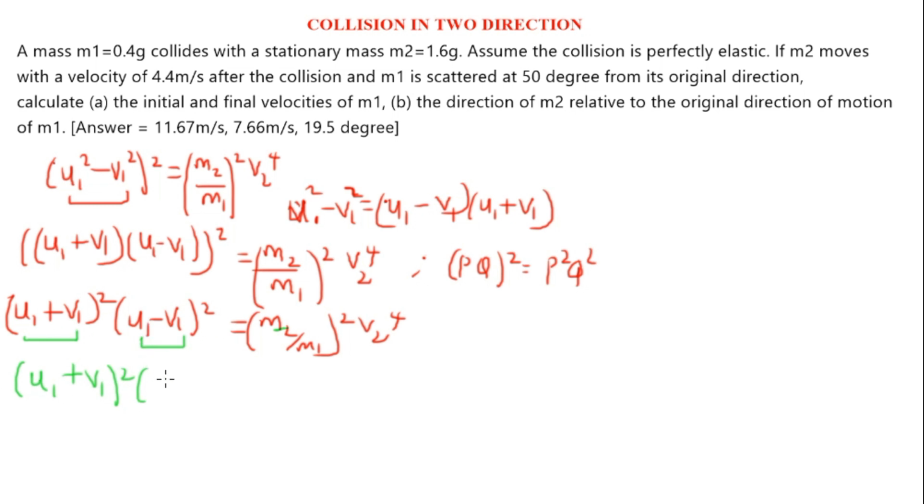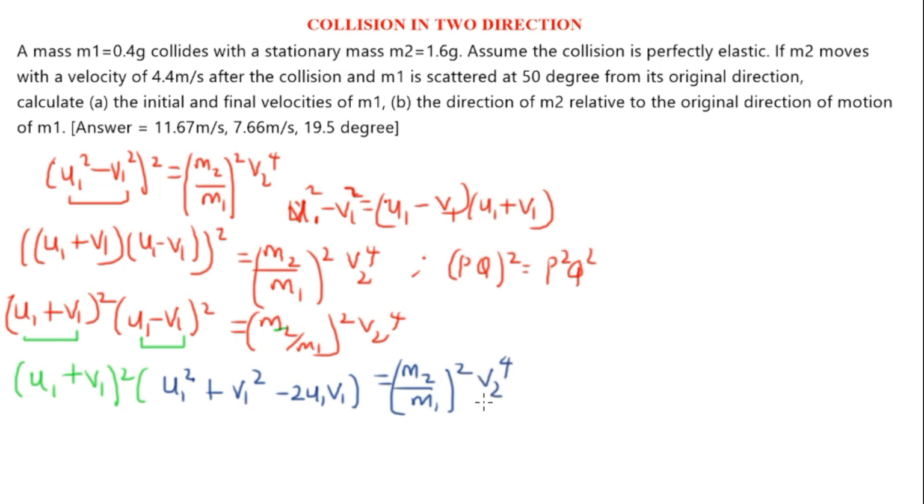If I expand this, I will have u1 squared plus v1 squared minus 2u1 v1, which is equal to (m2 upon m1) squared, then v2 raised to power 4.